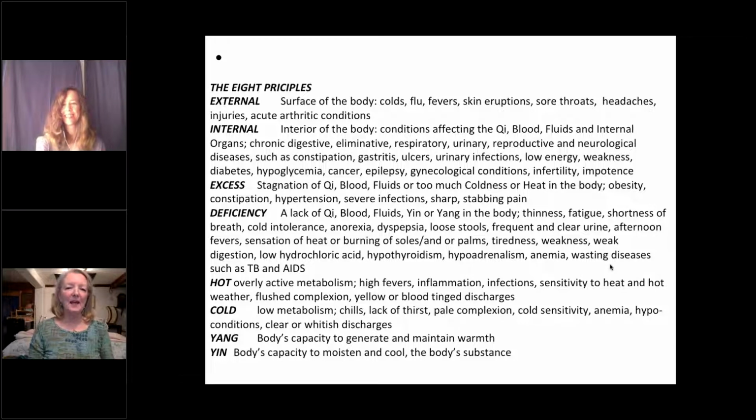Now, they have coarse breathing. They have dark, scanty urine. They have constipation. They have lots of this phlegm coming out. Their whole body smells. They're kind of aggressive about what can you give me? What can I take? Irritable. A lot of this is heat, but what I'm trying to get to is that it's an excessive condition.